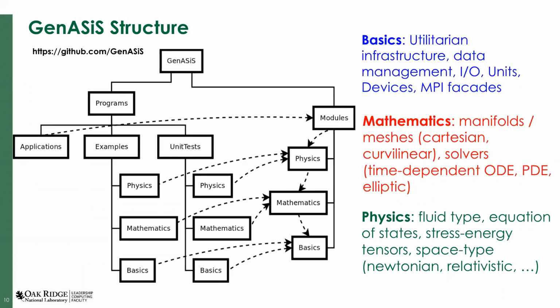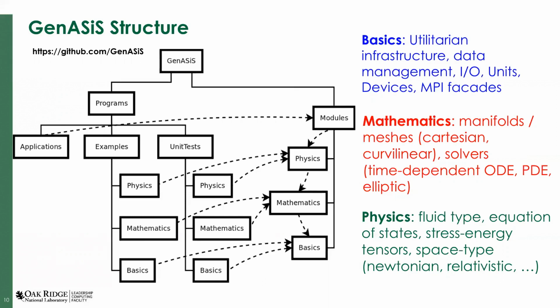In mathematics, we have our manifolds, our meshes. These are Cartesian and curvilinear meshes. We have all of the solvers expressed in abstraction in a mathematical way. This includes the time-dependent ODEs, partial differential equations, and elliptic solvers. And then in physics, this is where we have the instantiation of the kind of fluid type and equation of state, the type of stress energy tensor, and the kind of space type we're dealing with.